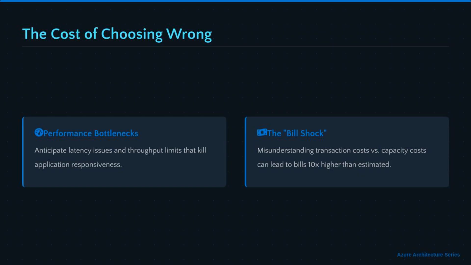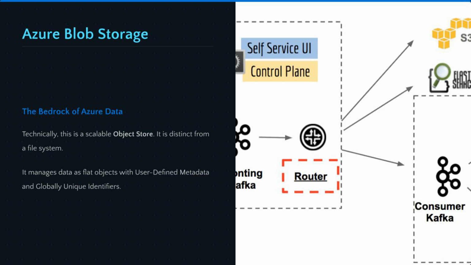Second, we have append blobs. These are specialized for append operations. Think about logging. If you have a distributed system with 1,000 containers writing logs to a central storage, you don't want to lock a file, read it, modify it, and write it back. Append blobs allow you to simply add a block of data to the end of the blob immediately. It is optimized for high-volume write operations where data is rarely modified once written.